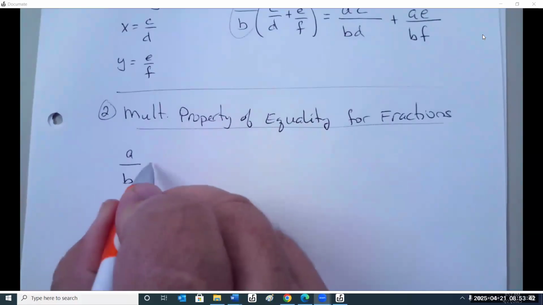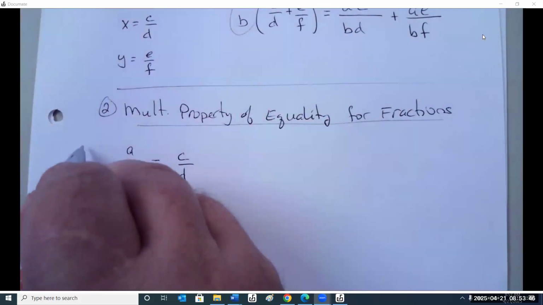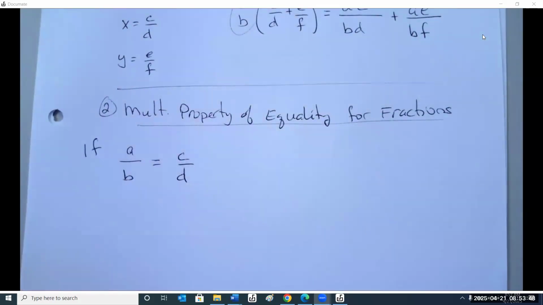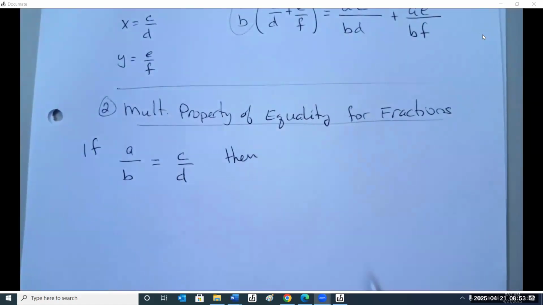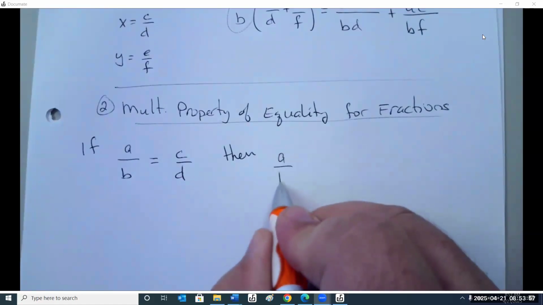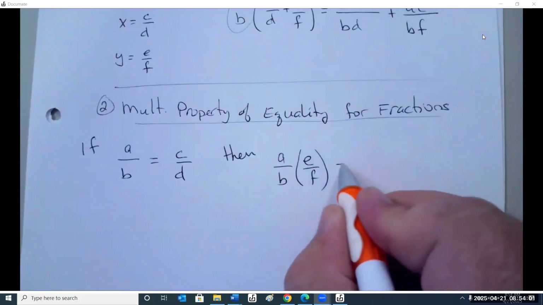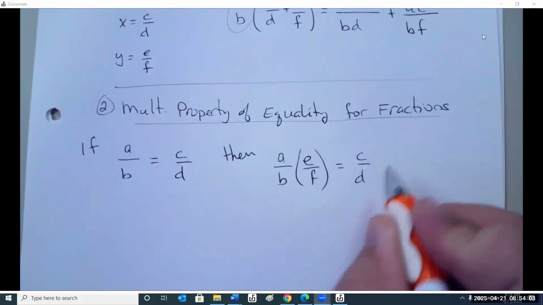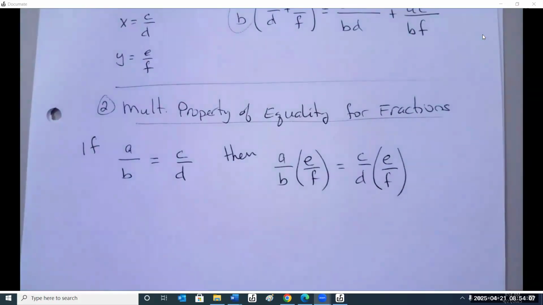If A times B equals C times D, then I can multiply the same number to both sides and get the same answer.